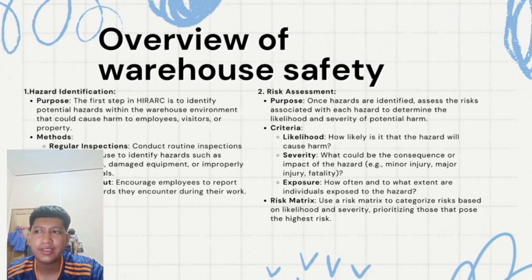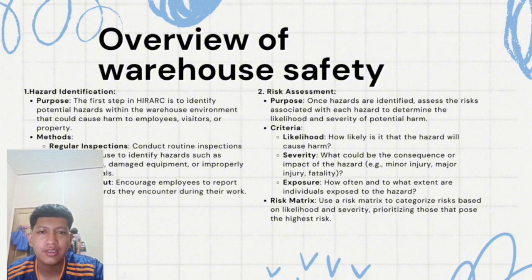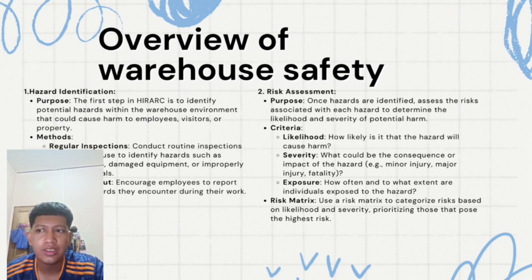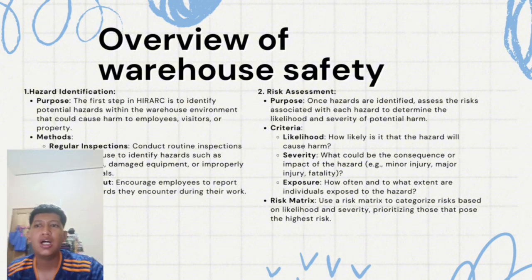Conduct routine inspection of the warehouse to identify hazards such as slippery floor, damaged equipment or improperly stored material. Employee input: encourage employees to report potential hazards they encounter during their work.